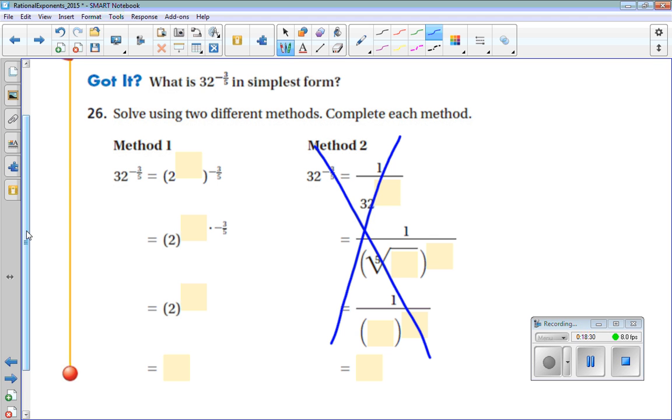Don't you notice that? And that's going to pose a problem for me. What I want to look at is my base, which in this case is a 32. And I want to ask myself, can I rewrite that number as a power of another number?